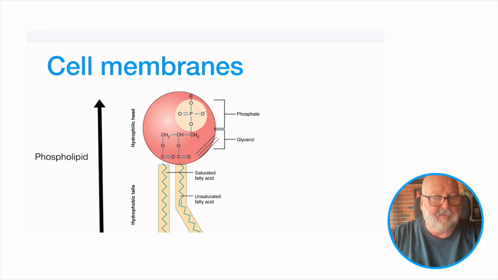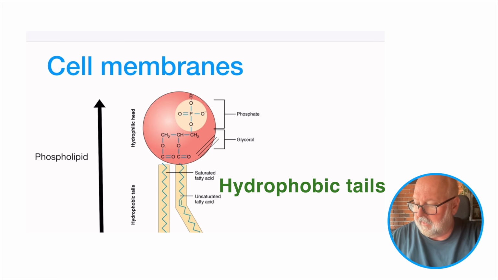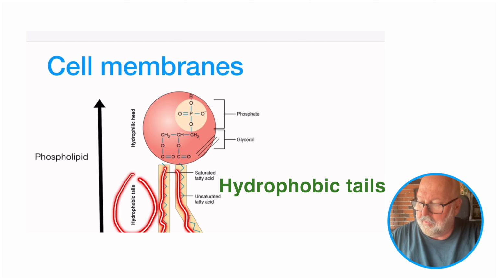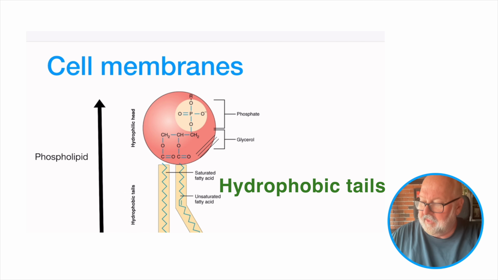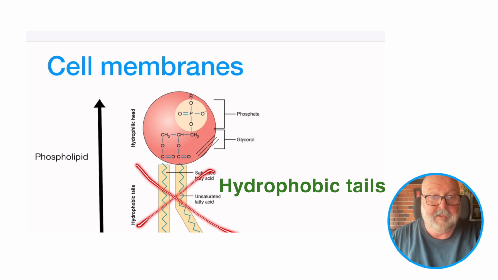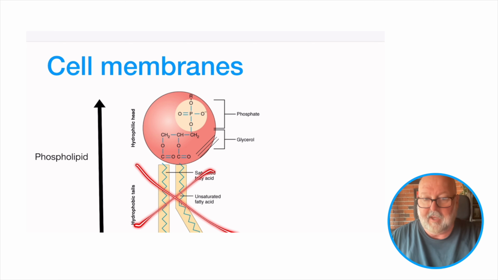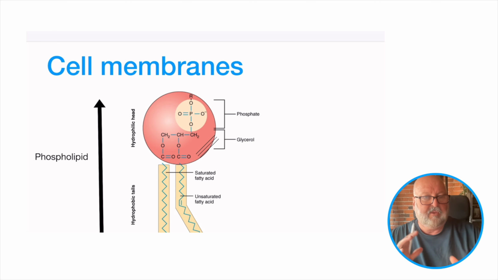Now that's quite different than the two tails that are sticking out down here, because these two tails are the hydrophobic tails. And these do not want to be near water. They absolutely hate being near water and want to be away. Now this dynamic, this construction of this molecule, is what allows phospholipids to self-assemble into a phospholipid bilayer.